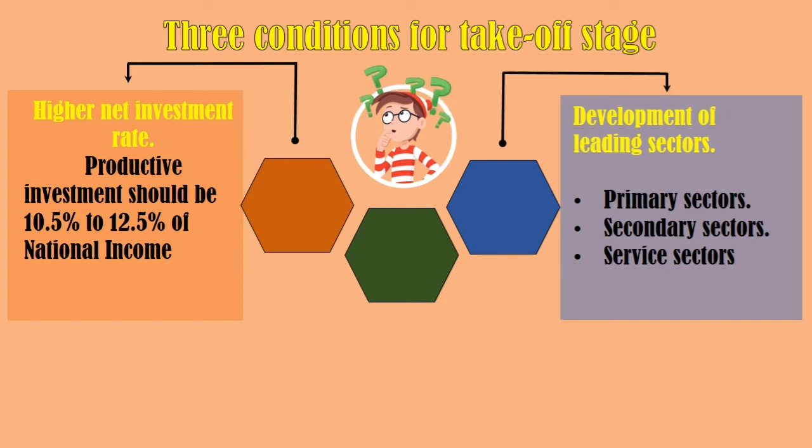While for the secondary sectors, those producing finished goods such as those in construction, manufacturing, utilities, and the like. While the service sectors are those that produce services such as housekeeping, tours, nursing, teaching, and many others.